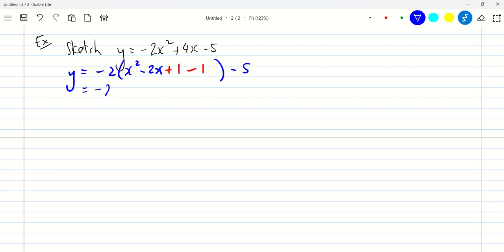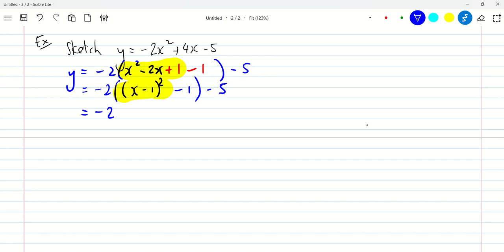So now I've got x minus 1 squared. That is how I've created that perfect square, and then I've also got that -1 left over, and this -5 still sitting out the back. Hopefully that makes sense. Go watch the complete the square video if not.